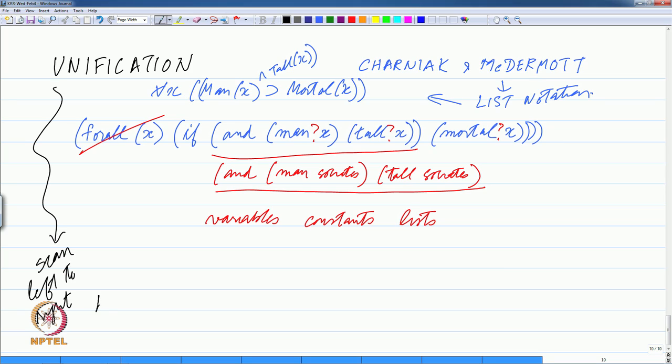So, of course, at the high level the argument would be like this, that we would say unify pat 1 pat 2. This is the notation I am borrowing from Charniak and McDermott, where pat 1 and pat 2 refer to the two expressions or patterns that you are trying to make equal.